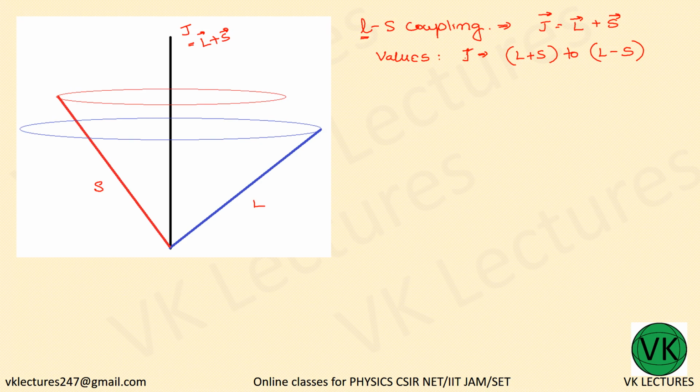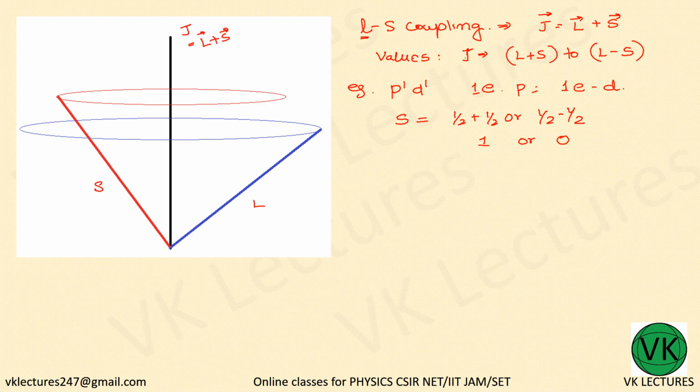Now just for an example, we will consider PD. This represents one electron in P and one electron in D. We have already seen that the spin is equal to half plus half or half minus half, which is equal to 1 or 0.